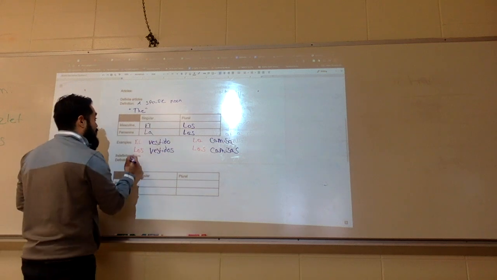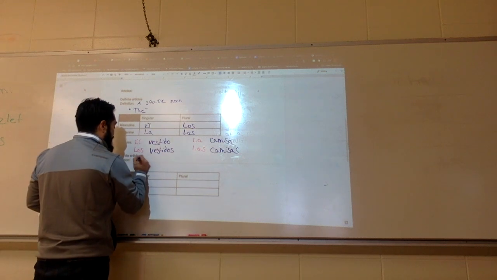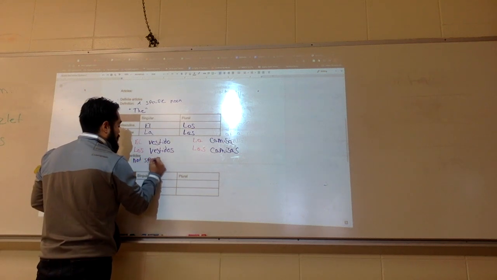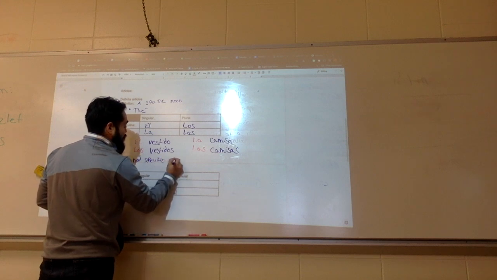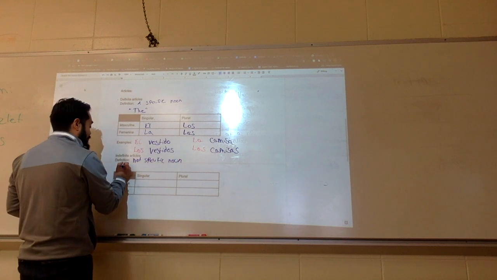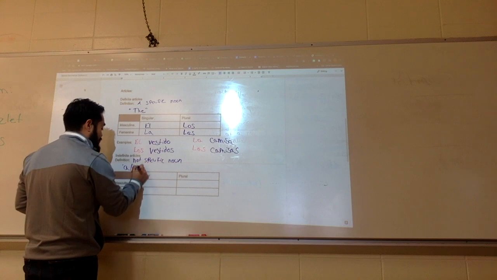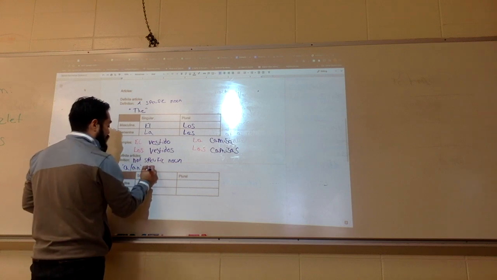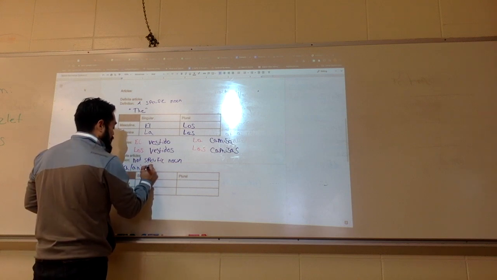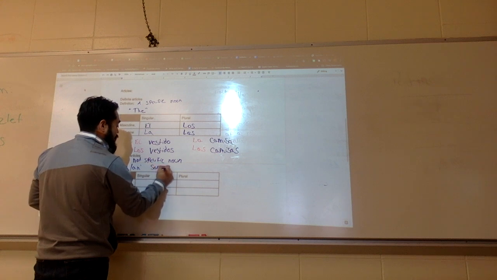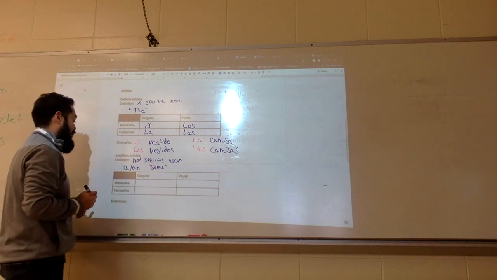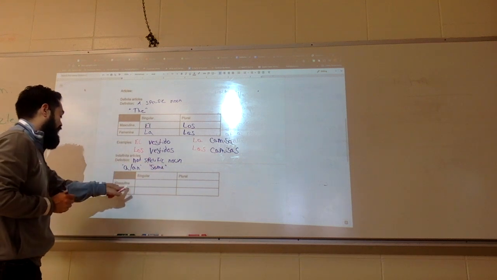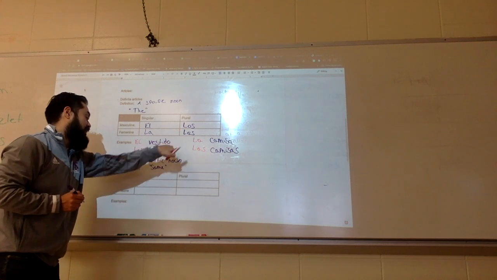This is a not specific noun. We're describing a not specific noun, and these mean a or an if they're singular, or it can also mean some if it's more than one. And again, we have to determine which one we need based on what we're talking about.